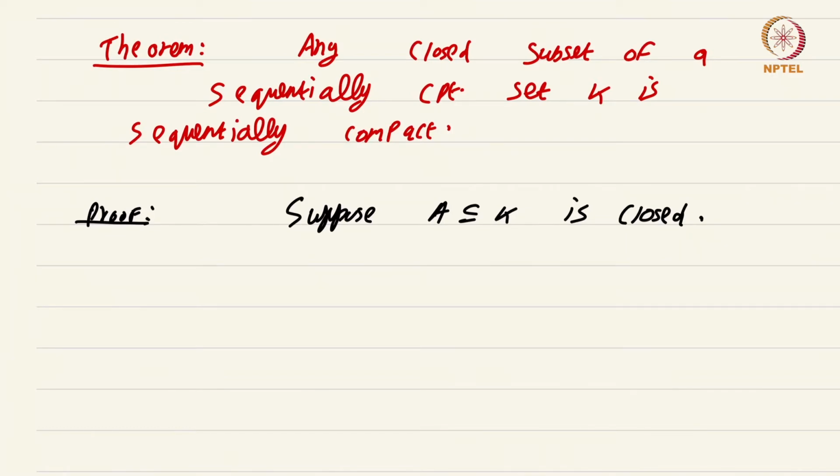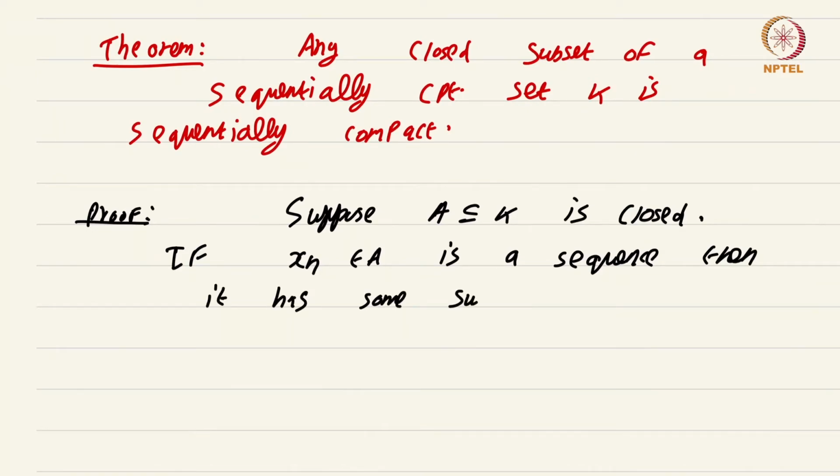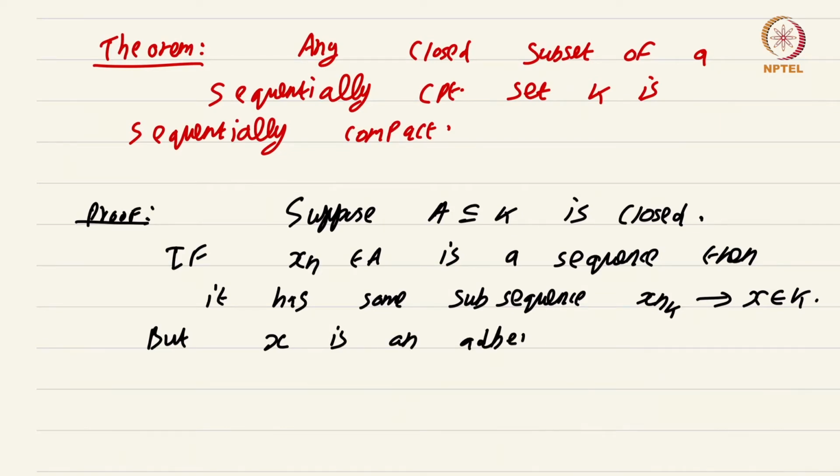All of this is happening in a parent metric space X. Now if x_n in A is a sequence, then it has some subsequence x_{n_k} that converges to x in K, but x is an adherent point of A, and therefore x is in A. This shows that any sequence in A has a subsequence that converges to an element in A, showing that A is compact.